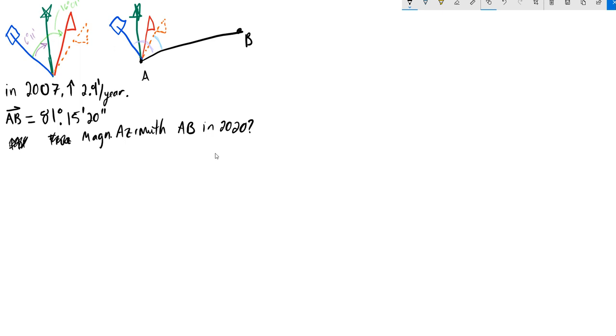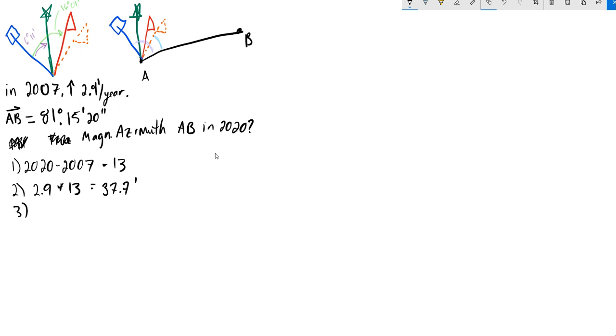The first thing we need to do is determine the magnetic declination for 2020. The first step in magnetic declination is to find out the year difference. So we have 2020 minus 2007, and that equals 13 years. The second step is find out the change. I have 2.9 times 13, and that gives me 37.7 minutes.